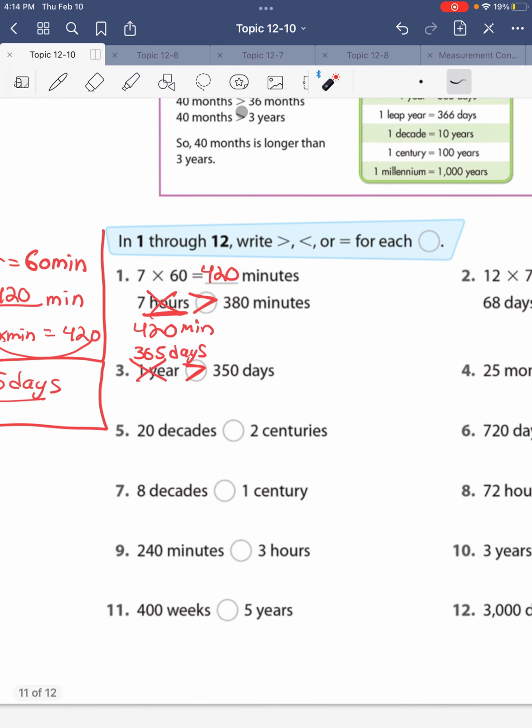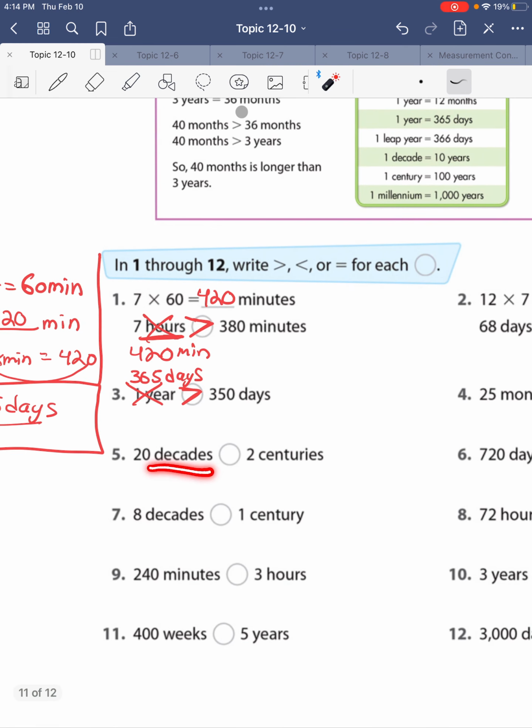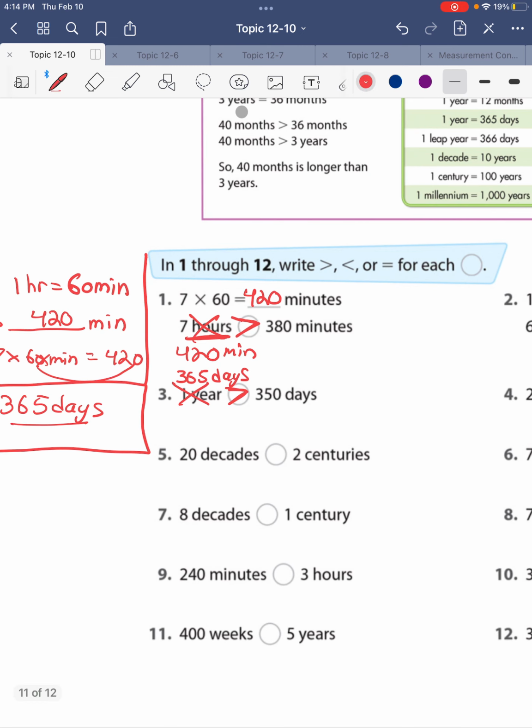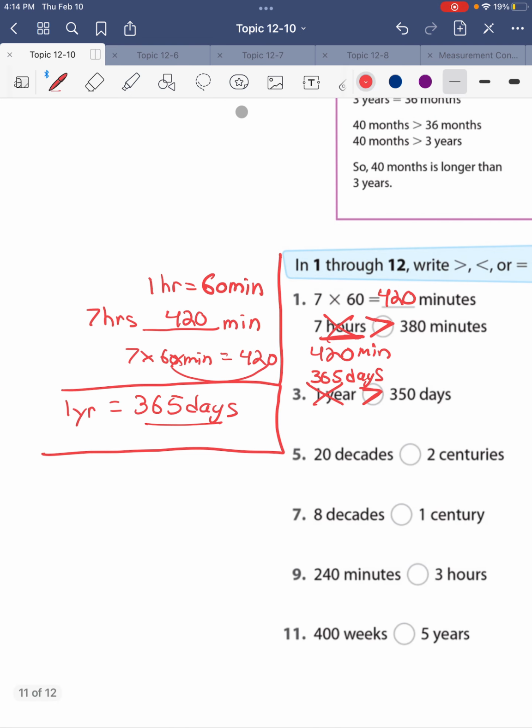So in this case, I'm going to have to convert both decades and centuries into years, then I compare them. I'm doing number 5, I'm doing 20 decades first. Let me just label them. This is number 1, this is number 3.